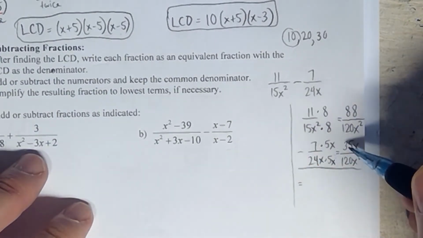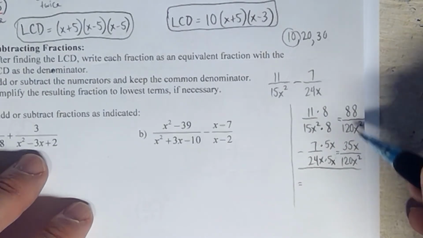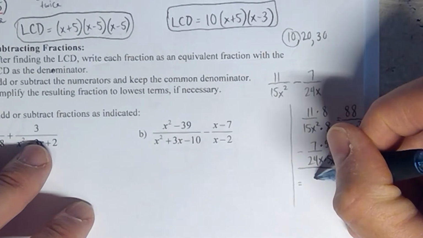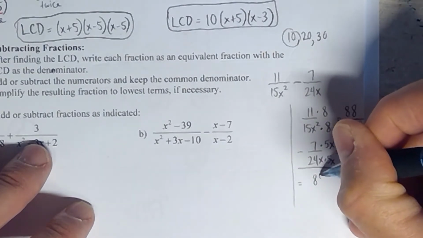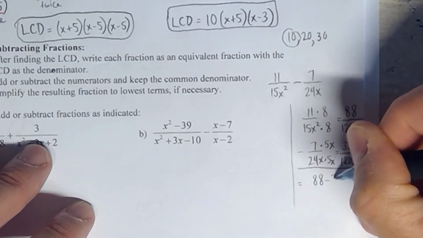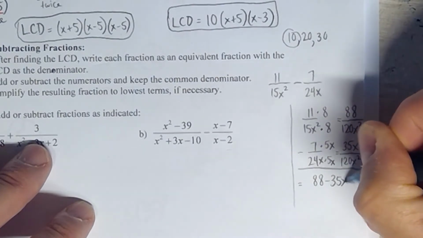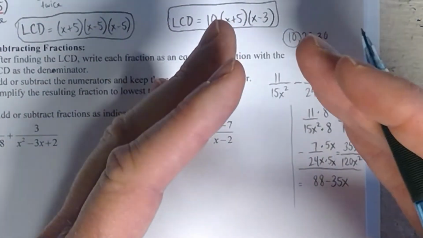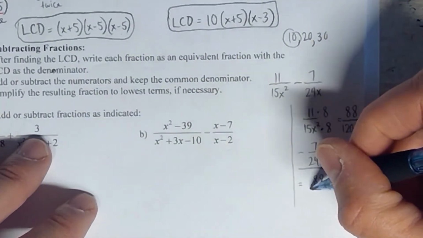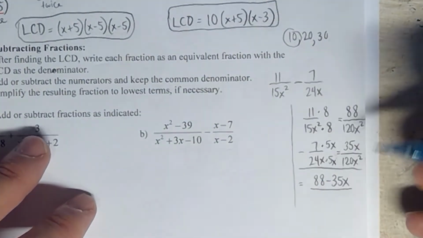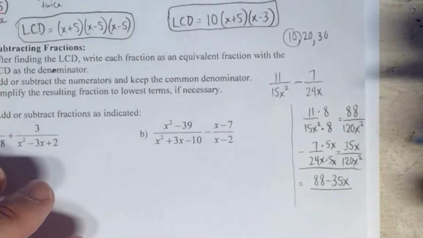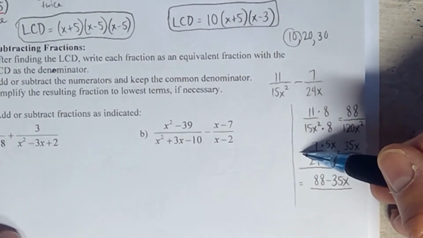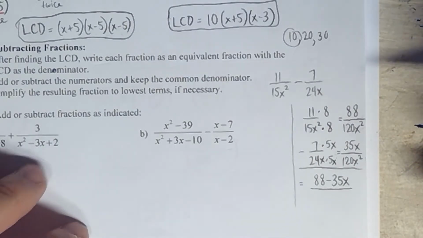Don't do 88 minus 35 when these aren't like terms. Instead, you should say that they're being subtracted without actually combining them into one term. So if you're adding or subtracting two terms that aren't like terms, you can still say that they're being added or subtracted, in this case subtraction, without actually combining them.